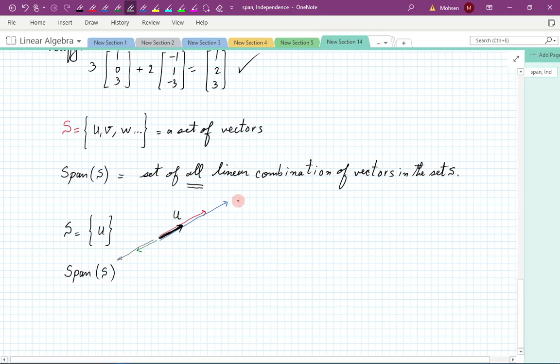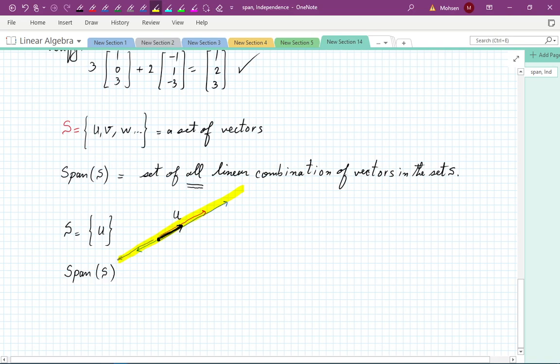If you look at all these outputs, one of them is of course 0 times this vector, in which case it will be just a tiny 0. How would you describe all of them? Very simple. The result is a line that lines up with u.